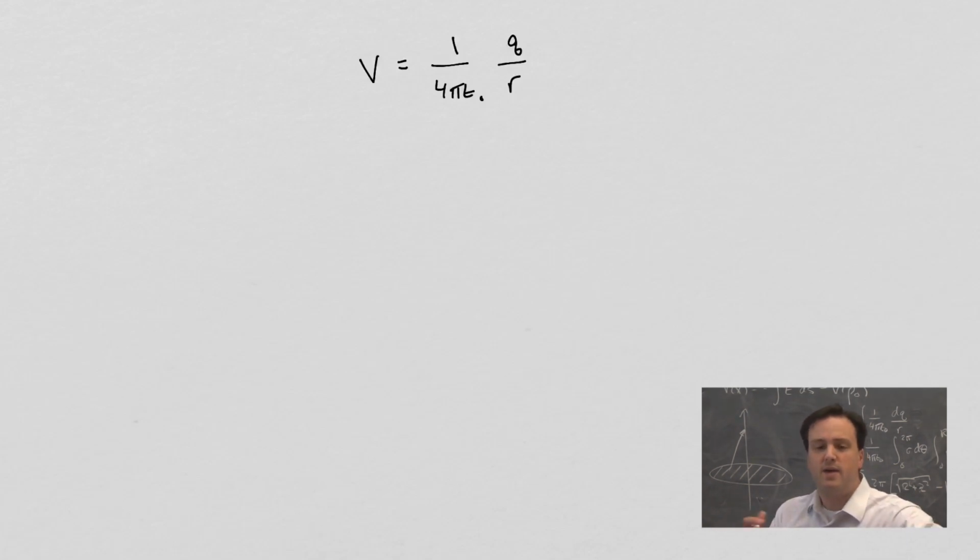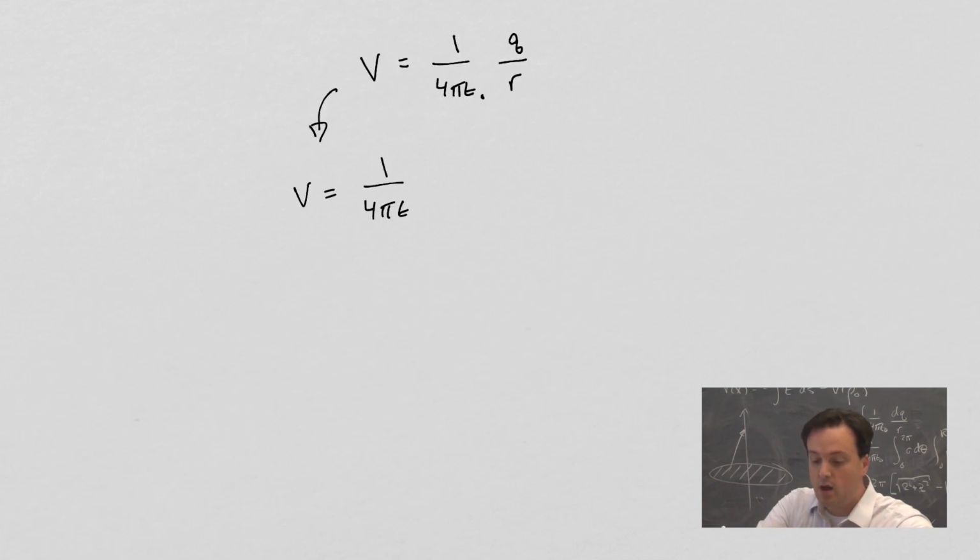Now, if I think about calculating the potential for a single object, I have one of these expressions. But if I have many objects, then my potential is going to be given by the sum over all of my objects of the charge of that object divided by the distance to that object.